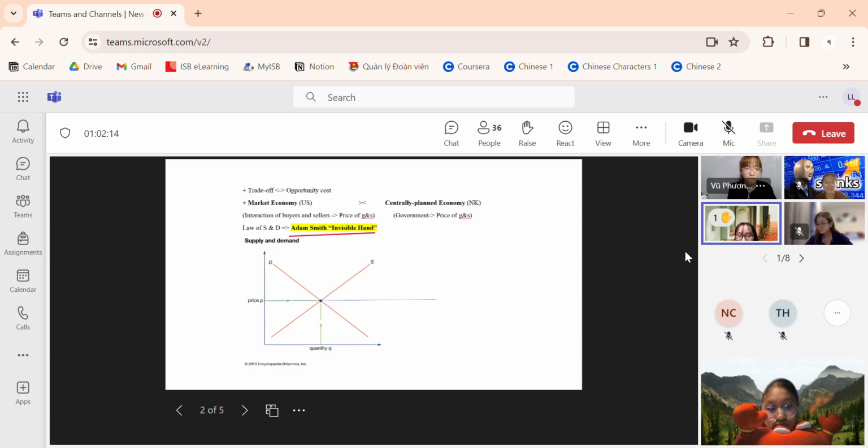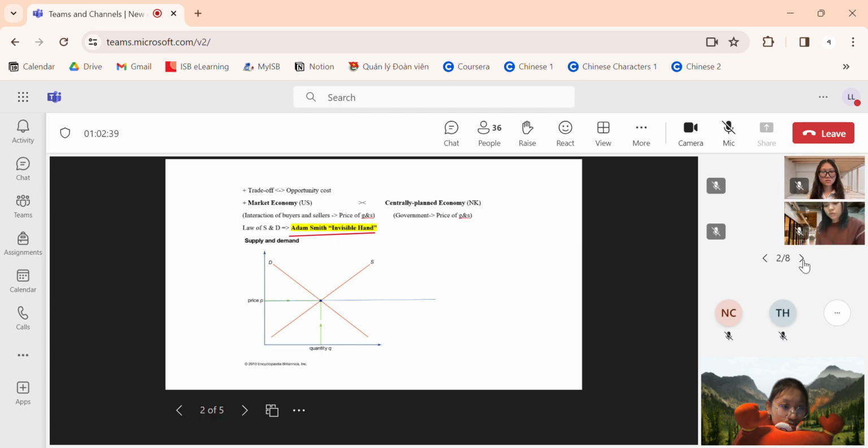My answer is Vietnam used to be a centrally planned economy, but after Đổi Mới, the government has redirected its strategy toward a market economy. I mean, the Vietnamese government is approaching a market economy like the US or other developed countries in the world. Okay, very good answer.